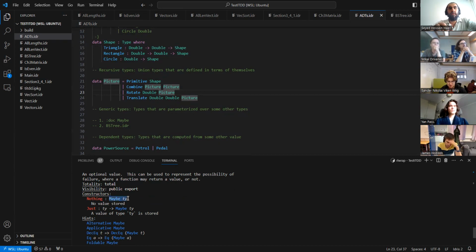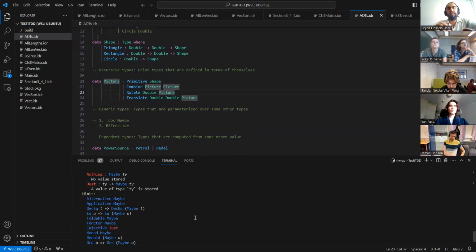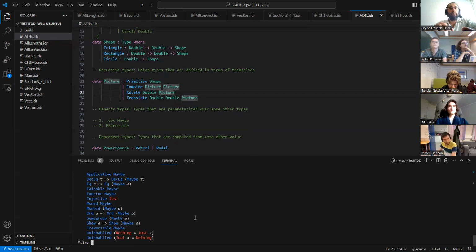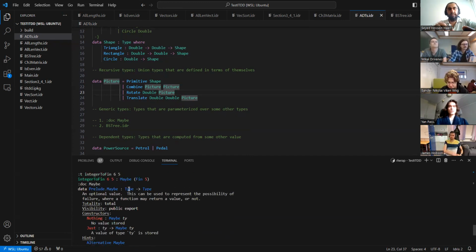There is Nothing, which gives you a Maybe of a type, or there is Just, which takes a value of that type and gives you a Maybe of that type. And here is the list of the type classes, or as they call it, the relevant interfaces of the data type. Now, like I said, the observable thing here is that there is a type parameter that this Maybe type takes.